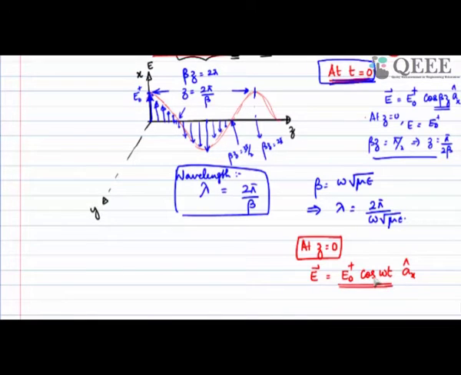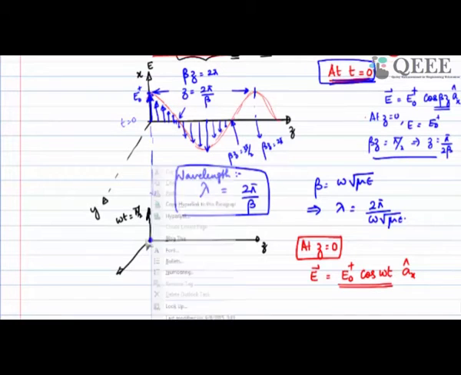And what happens to this vector? It is again a cosine function. So if I just keep plotting the same, I am looking at z equal to 0. So this was at t equal to 0. What is happening to this vector as time progresses? When omega t becomes a value such that it is equal to pi by 2, the vector which was having its peak here will get its null here.